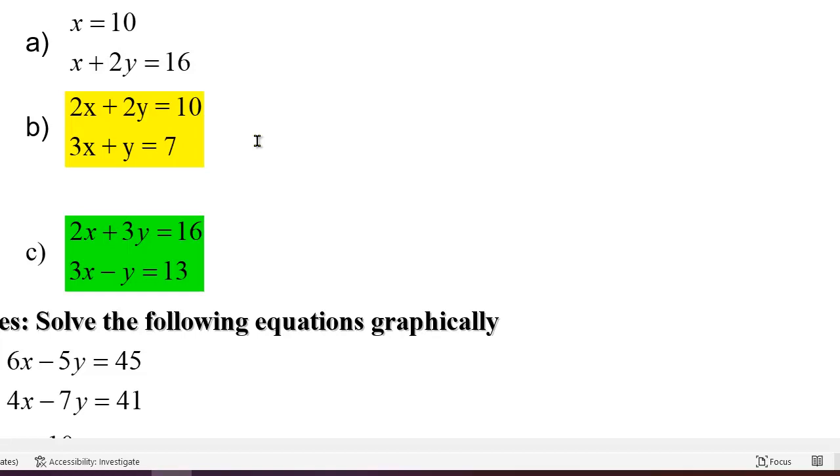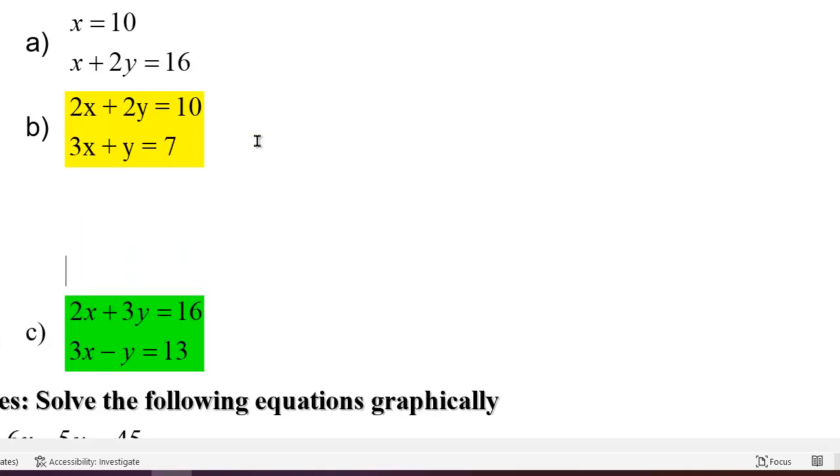So let's have a look at this question and how we can do that. We have here this question which says 2x plus 2y equals 10, and then we have 3x plus y equals 7. If you want to cancel the variable x, first we can name these equations.